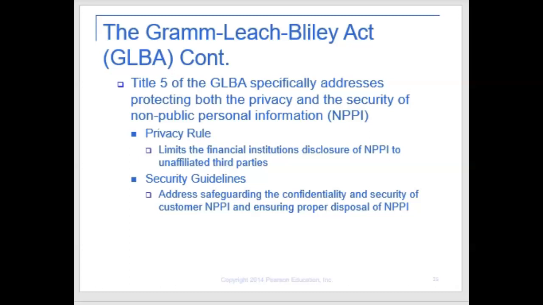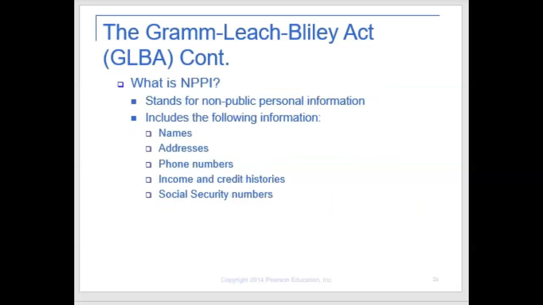How are you going to ensure protection of NPPI through policy, right? And you have security guidelines as another part of Title V, which addresses safeguarding the confidentiality and security of that very NPPI that we addressed. Okay, so that's a little bit about NPPI. You can read some more on the top of page 410.